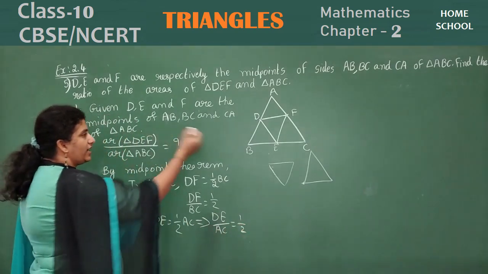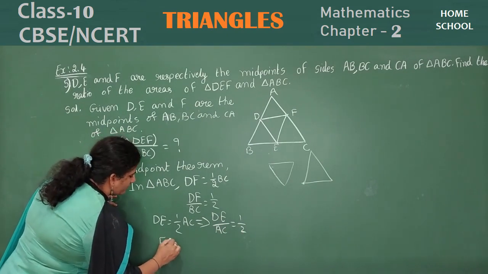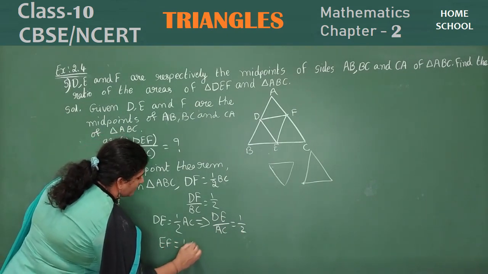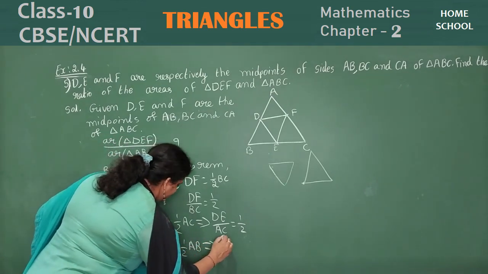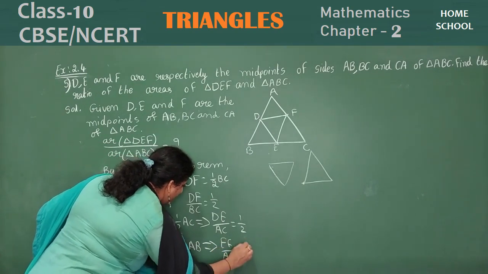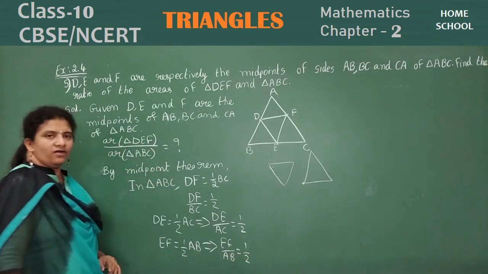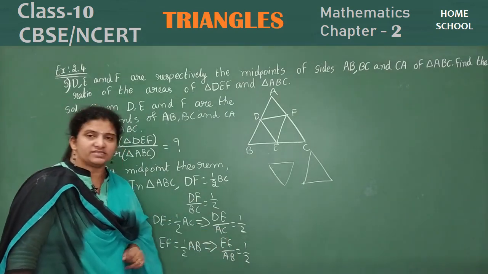Okay. So consider the last one here. EF. EF is half of AB. That is EF by AB is equal to half. So now compare these three ratios children. All are getting the same answer.